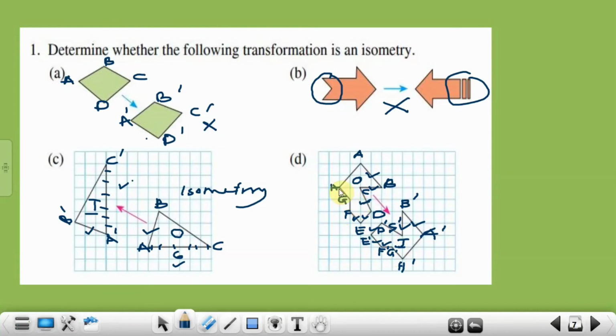G to H is the diagonal of 1 box. So same goes to here. And A to H, diagonal of 2 boxes. Yes, so all sides are congruent, means that these 2, object and image, have the same size and the same shape. So they are isometry.